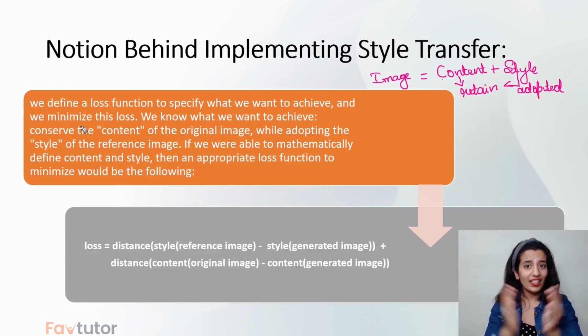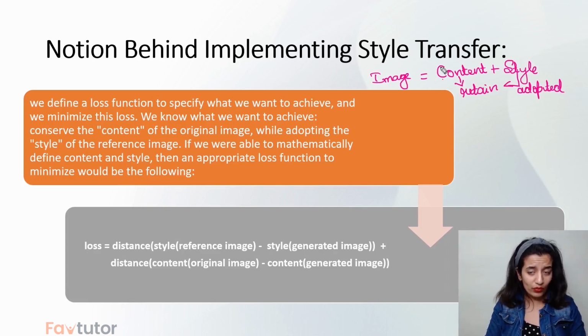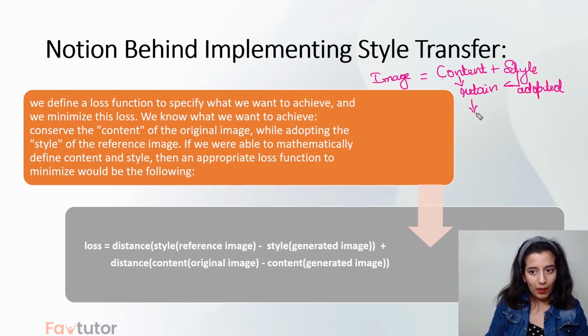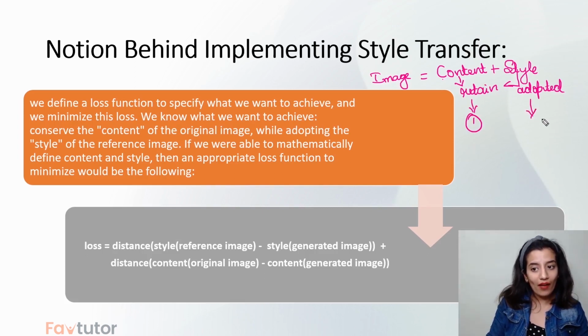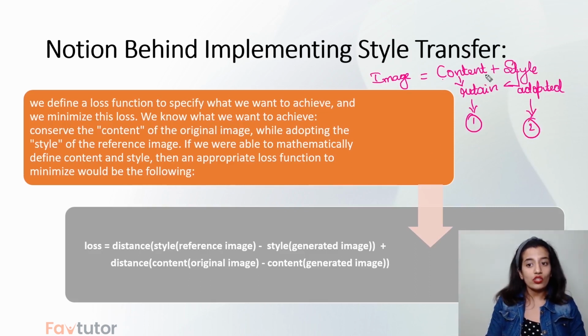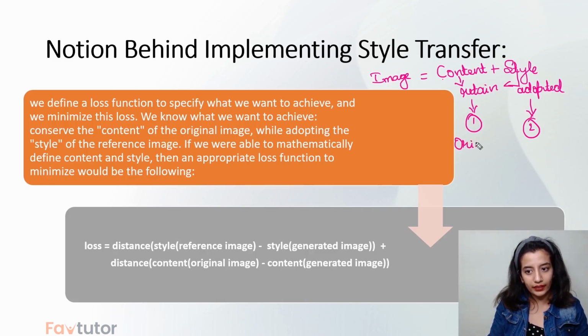That difference, that loss, should be small. Basically, for the loss we have two portions. The first is the content loss, and the second is called the style loss. What do you mean by content loss? Basically you have the original content and the generated content.